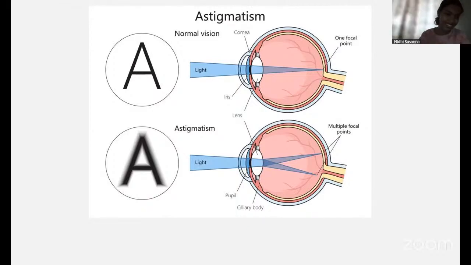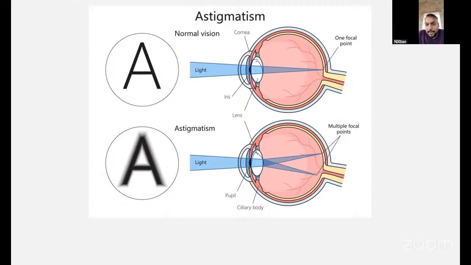It is due to imperfect spherical nature of the eye lens. Sir, is it eye lens or eyelids? No, eye lens. This is the eye lens.